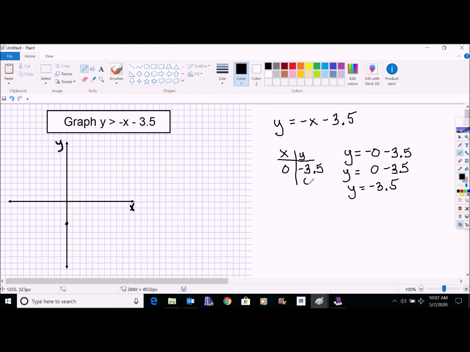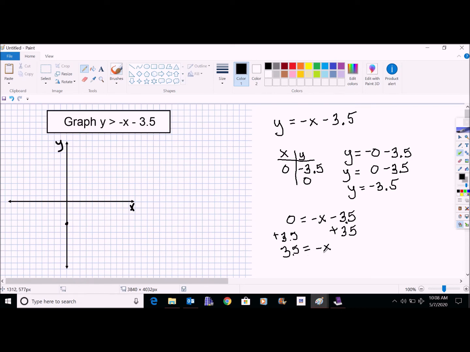Then 0 for your y, so 0 equals negative x minus 3.5. You need to solve that by adding 3.5 to both sides. So you have negative x equals positive 3.5.